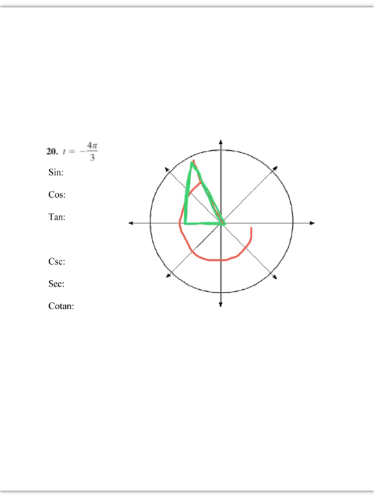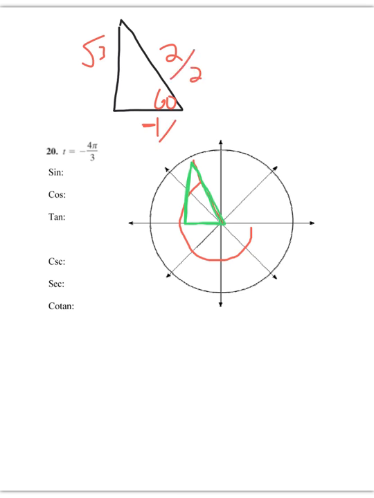So I'm going to just draw a bigger second quadrant triangle up here. Second quadrant triangle, this angle is pi over 3 or 60. So I know that now that this is root 3, this is 2, and this is 1, but I'm just going to make it negative since we're in the second quadrant. If I divide everything by 2, I'm going to put my triangle on the unit circle.